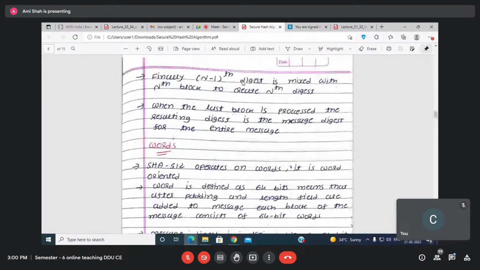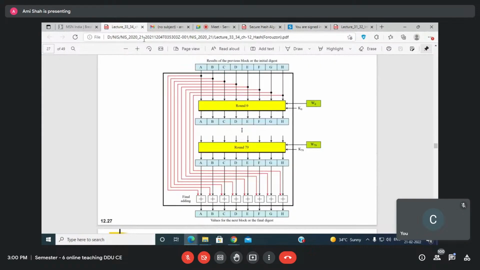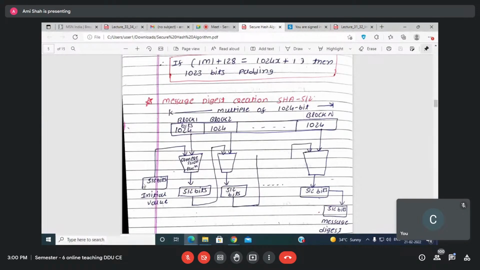In this figure, if I'm talking about this 512 bits, which 512 bits is taken as input? The previous block digest, whatever I am getting, is taken as input. That's why in this figure it is written the result of the previous block or initial digest. Let's say I'm starting from here. Which value is mixing with block number 1? That means the initial digest.